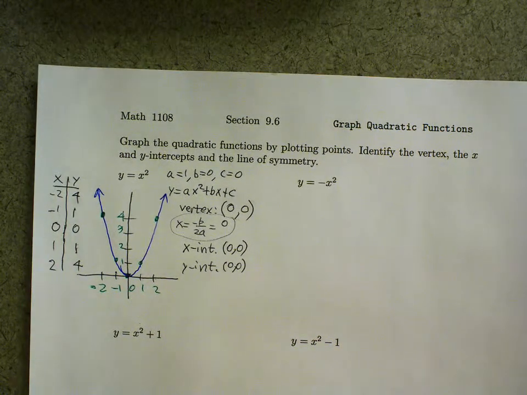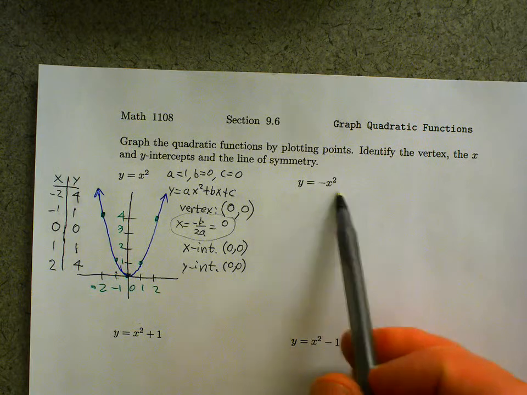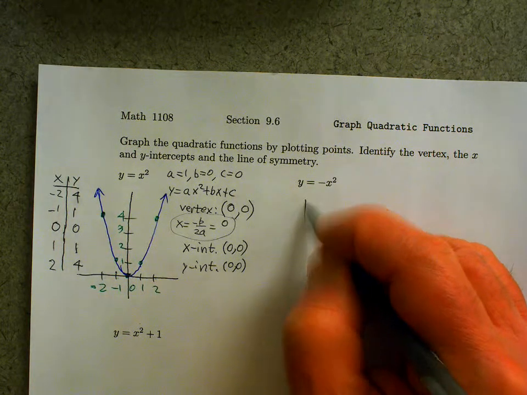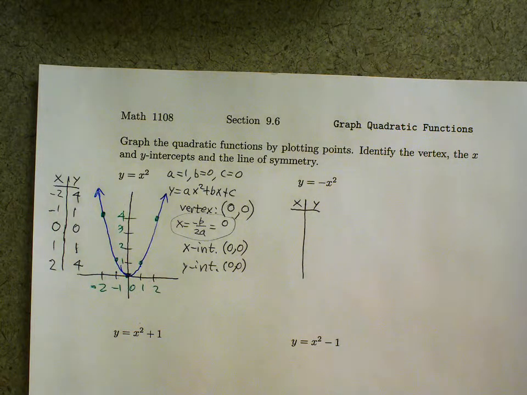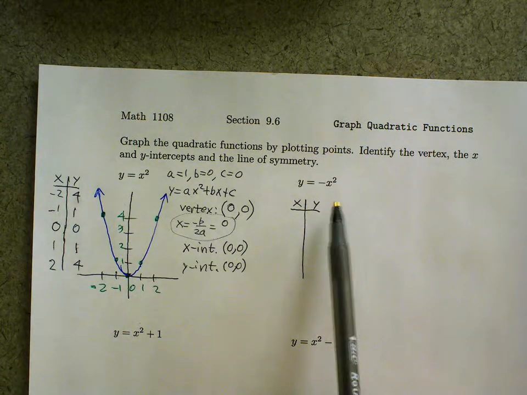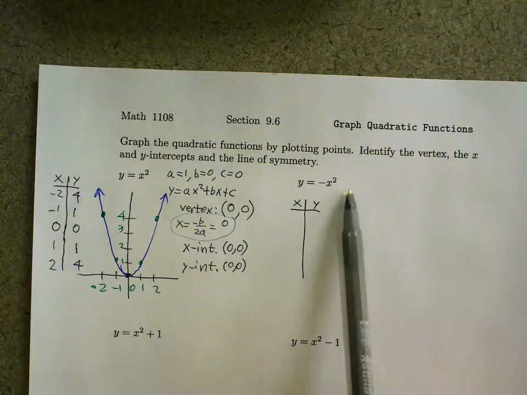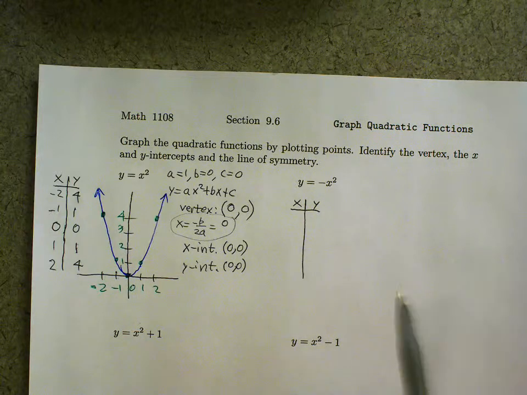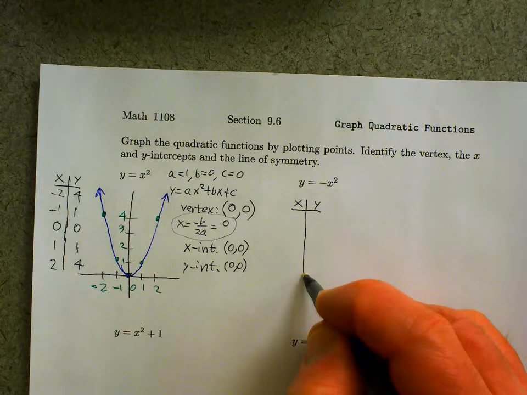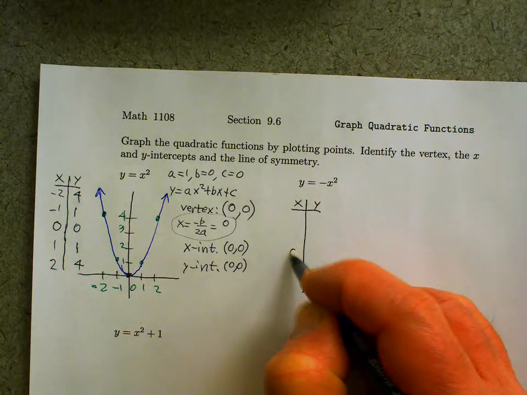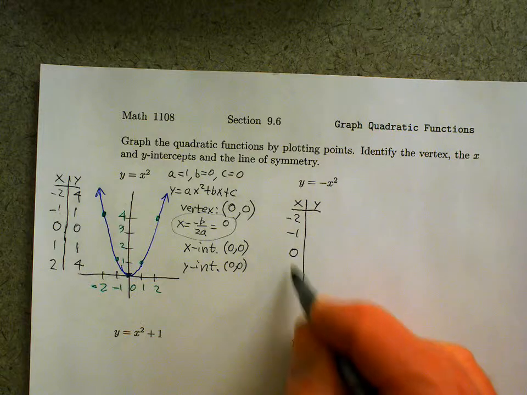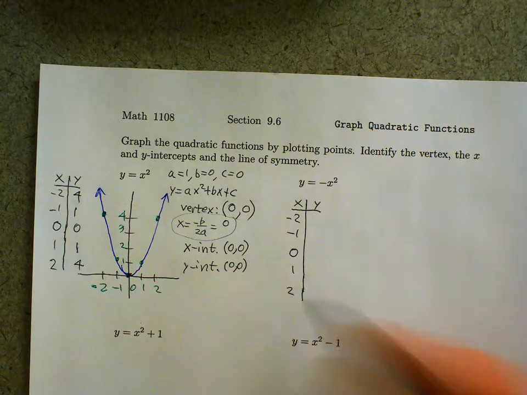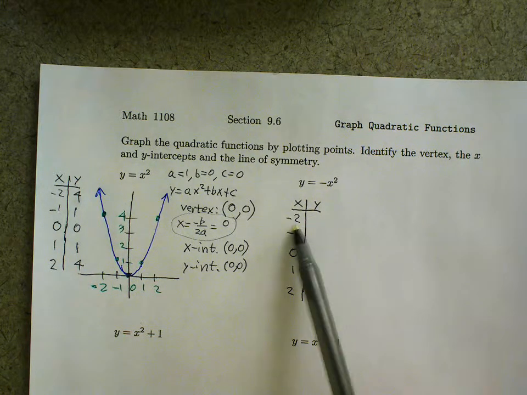Okay, let's move a little faster. On this one, y equals negative x squared. We can tell by looking that the vertex is the ordered pair (0, 0). So if I use the same x-coordinates, negative 2, negative 1, 0, 1, and 2, we have to make sure we're careful with the arithmetic.